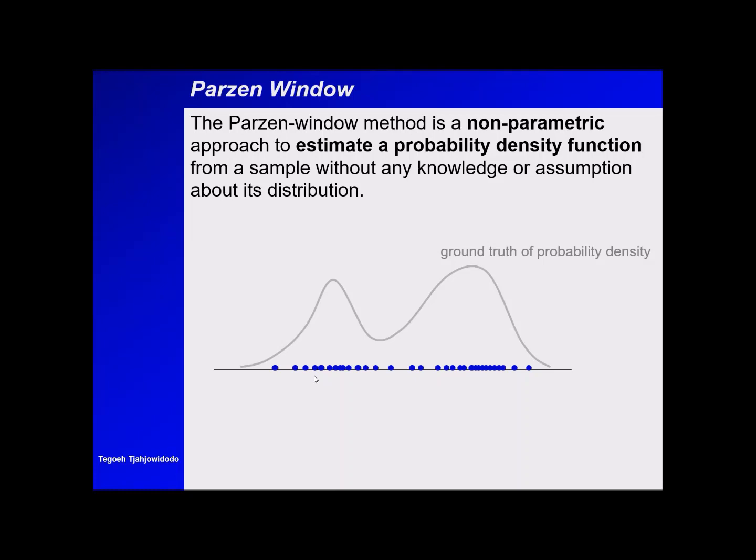So what I'm going to do, from all of these samples, I will split them into a few groups. I split them into, I don't know how many, 10 groups. And then for each group, separated with different regions like this, I calculate the number of samples. So for the first group here, I have no samples, right?